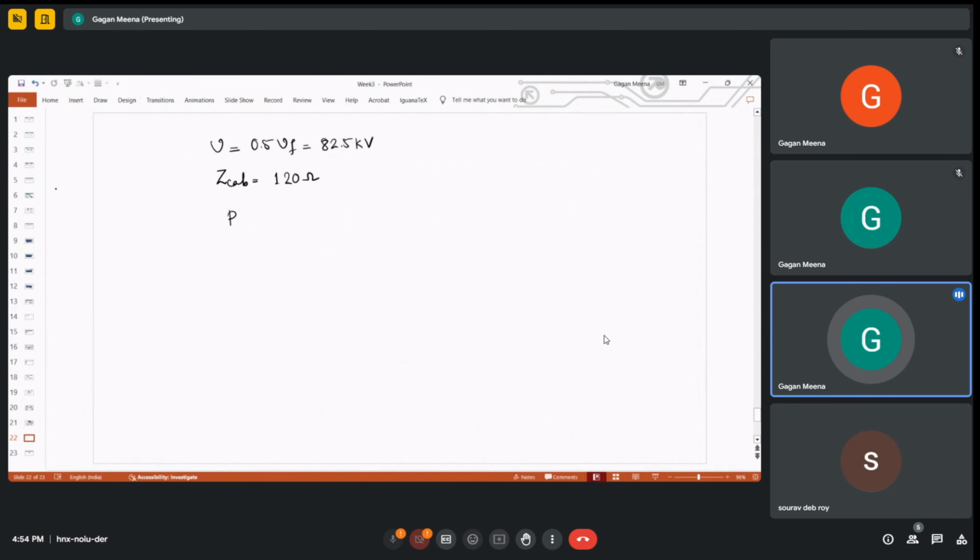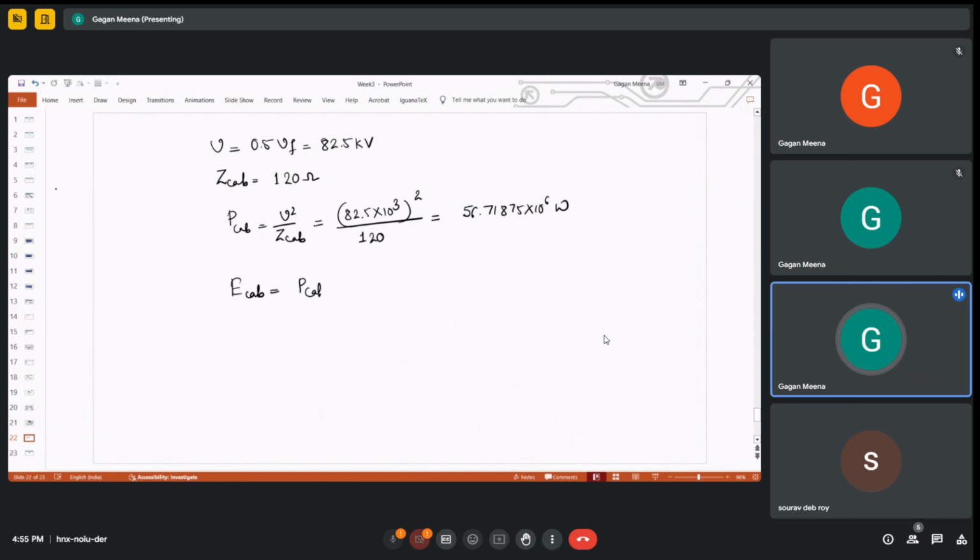So we know that the power which is transmitted in the cable is V square by Z cable, where V is 82.5 kilovolts, and Z cable is 120. So this comes out to be 56 megawatts.